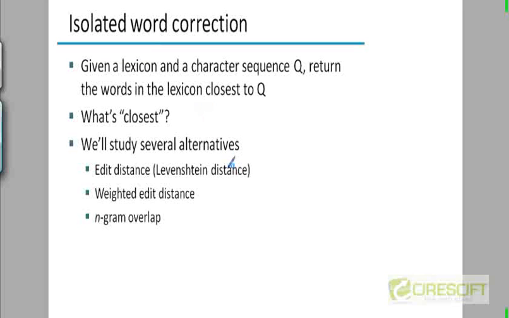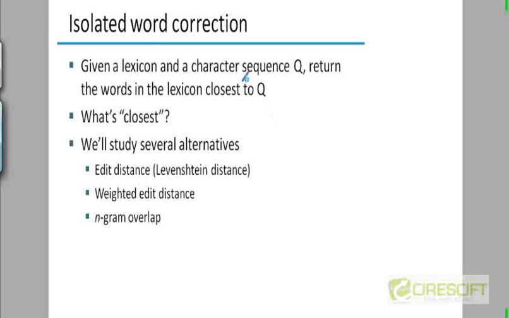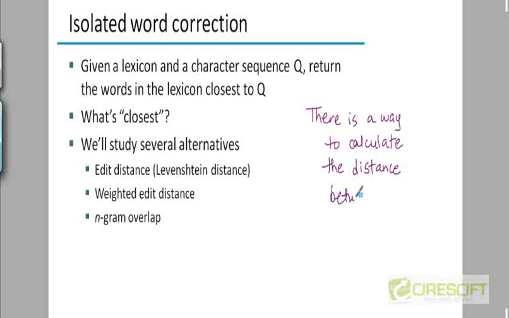The second premise is that there is a way to calculate the distance between any two words. That's the second premise.